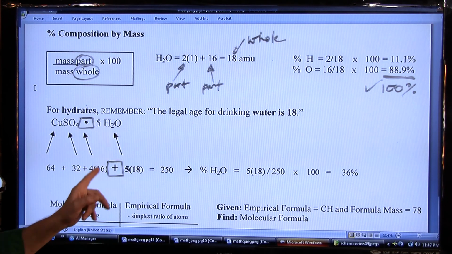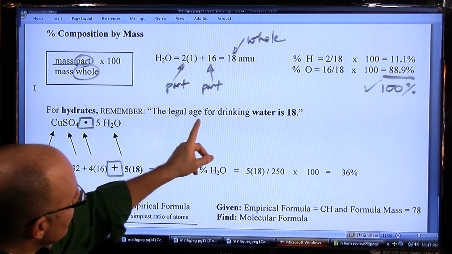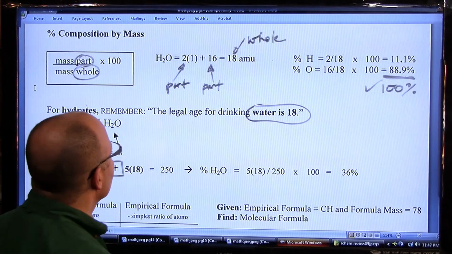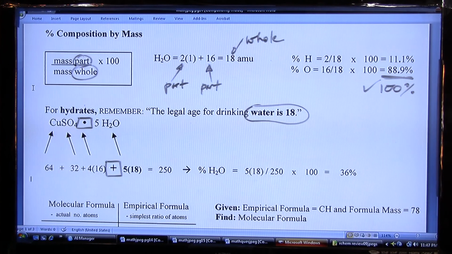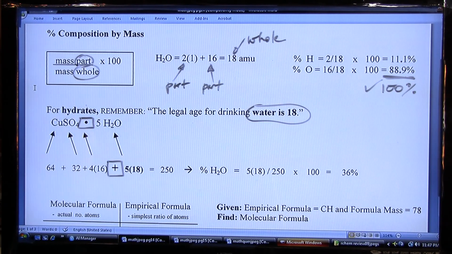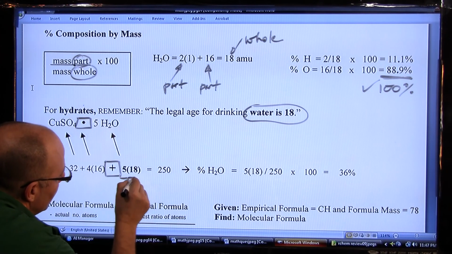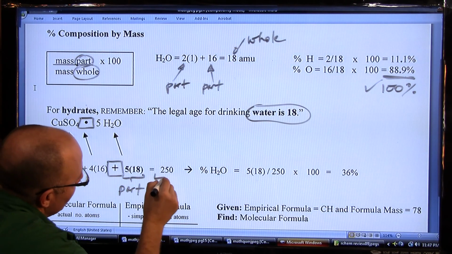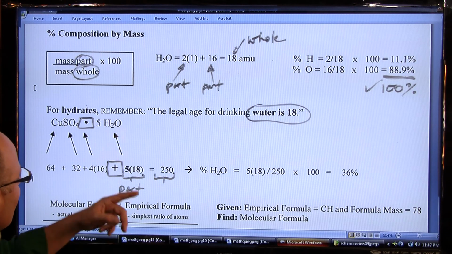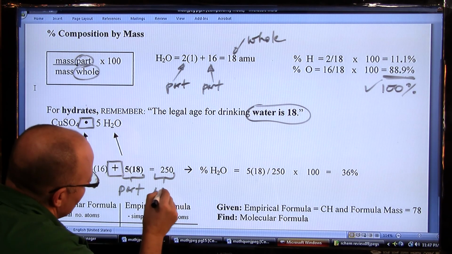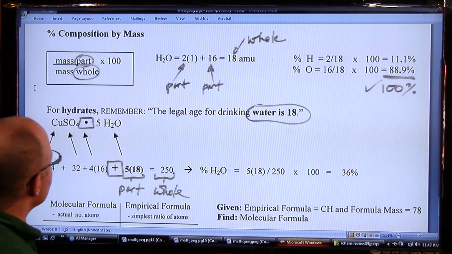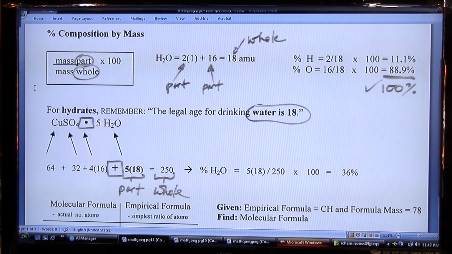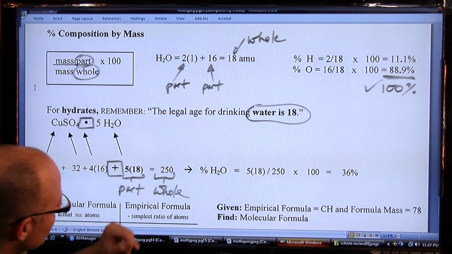It's much better to remember the legal age of drinking water is 18. So water always adds up to 18 AMUs, it's just a good thing to remember. So that's the part in this example. The whole is, when you add this all up, the formula mass of copper sulfate with the 5 waters, called copper sulfate pentahydrate, is 250.